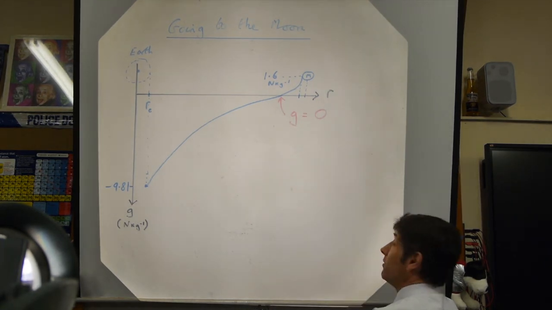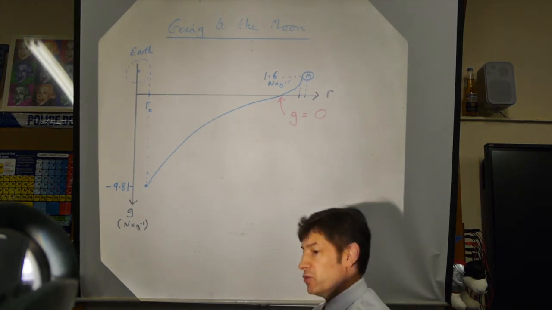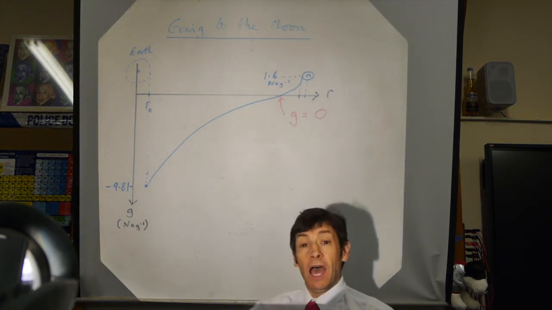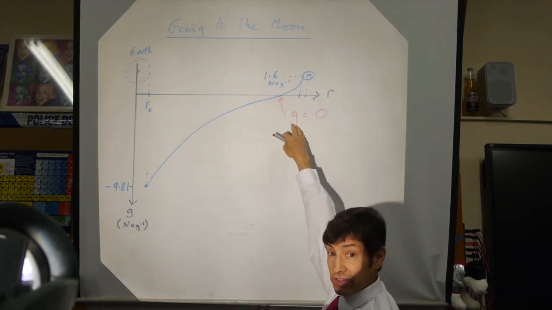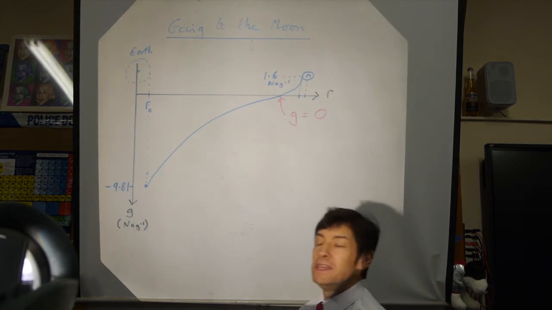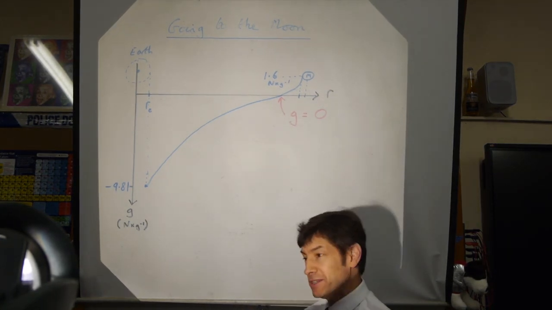There are lots of these places in the solar system. You've got to imagine a point between the sun and the Earth where the gravitational field strengths cancel out. And there are many, many more. They tend to go under the term Lagrangian points.